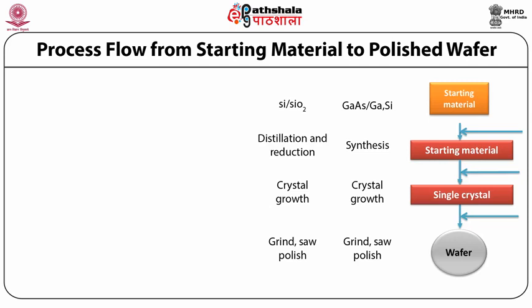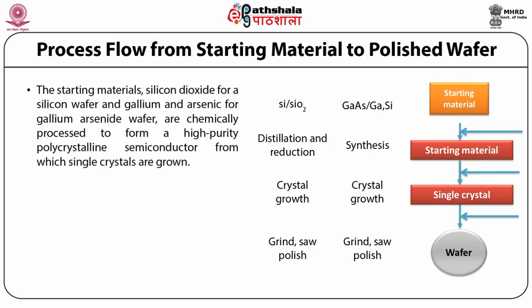So first we take the starting material, which can be SiO2, that is distillation and reduction, and then this starting material is grown into a single crystal, and then by grinding and saw polish it is made into a wafer.